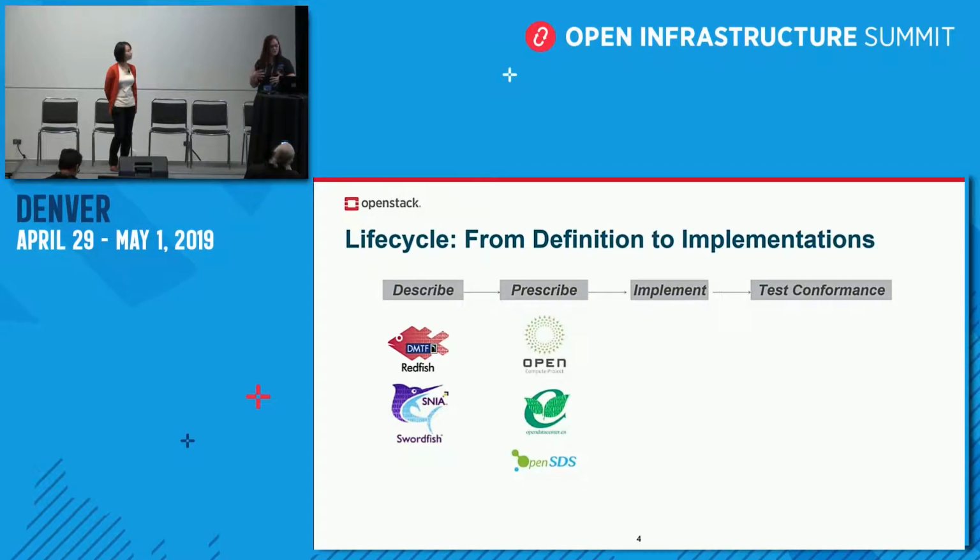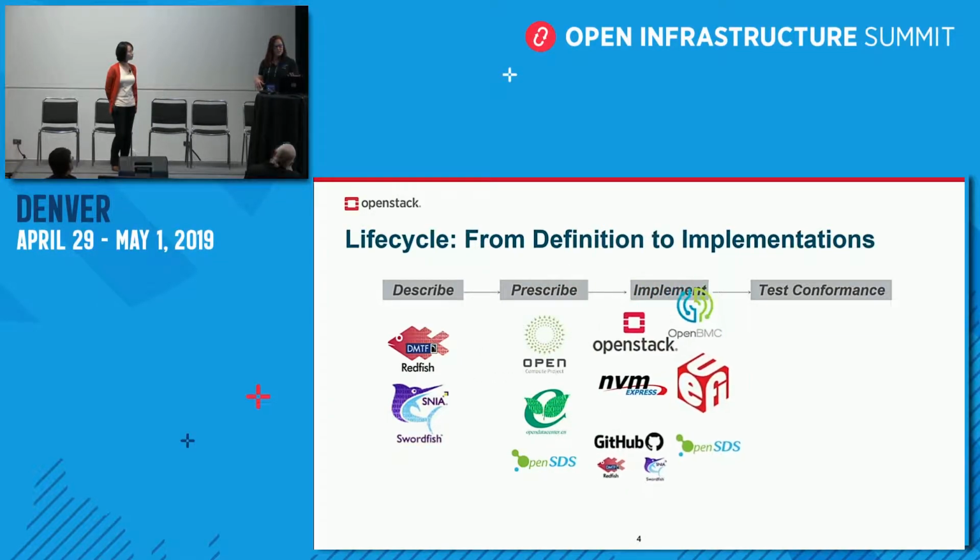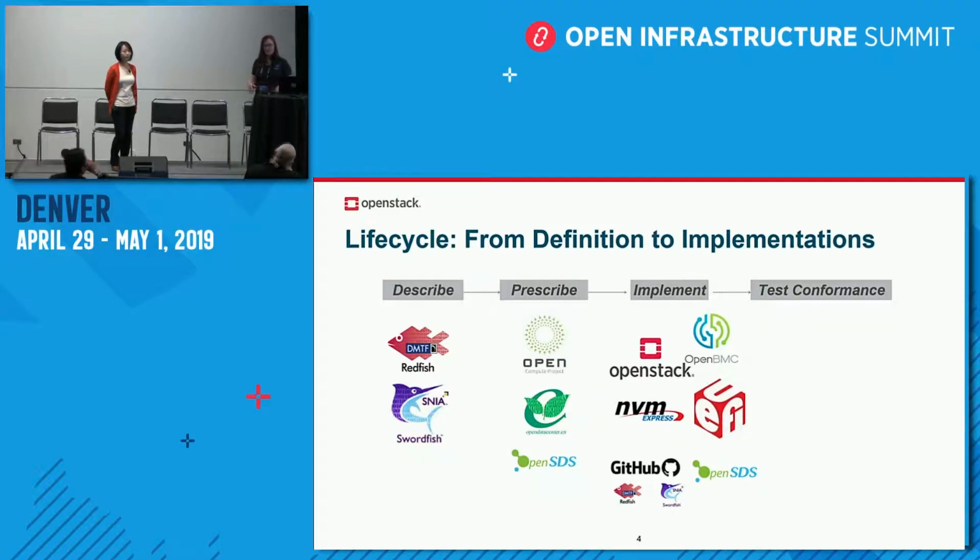And then after that, you start to get a broader ecosystem, and this includes other standards groups and broader organizations. It's not just vendors. So here you can see some of our partner organizations, OCP, the Open Data Center project in China, and OpenSDS all fall into this, how we prescribe more specific use cases around the use of those standards. And then you start to see implementations hopping on in.